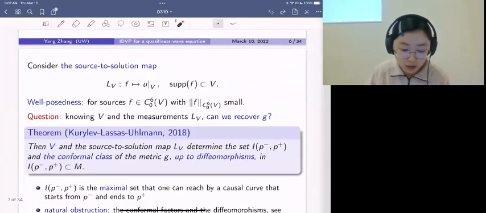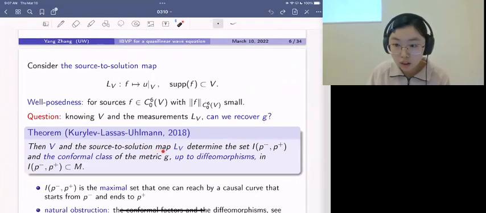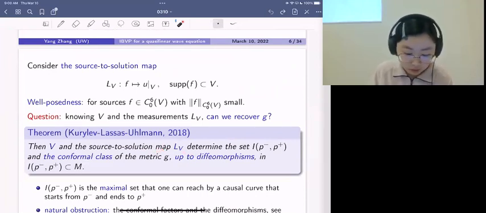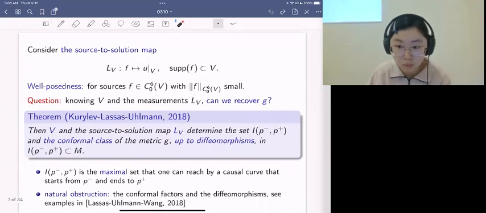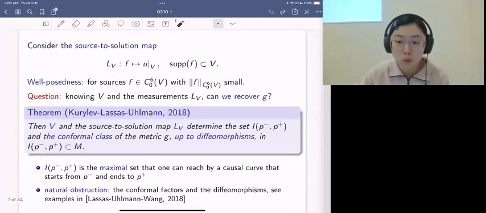In the paper by Kurylev, Lassas, and Uhlmann in 2018, they show that the data given by W and the source-to-solution map actually determines the conformal class of the metric up to diffeomorphisms for any point in the diamond set. Not only this, the topological structure and the differential structure are also determined, but in this talk, we only focus on the recovery of the metric.